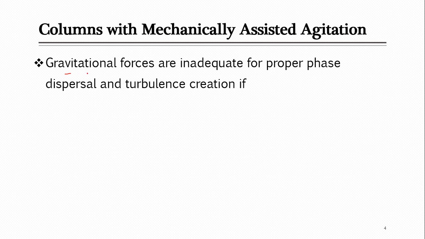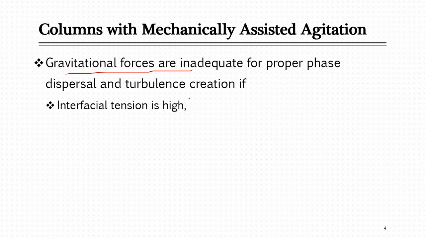But these gravitational forces are sometimes not sufficient for proper phase dispersal and turbulence creation, so that this separation can take place. This usually occurs especially in some specific cases, like if interfacial tension is high, the surface tension between the feed and the solvent which you are bringing in contact is too high.